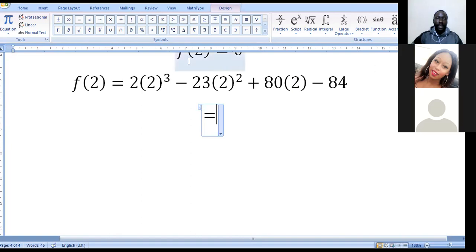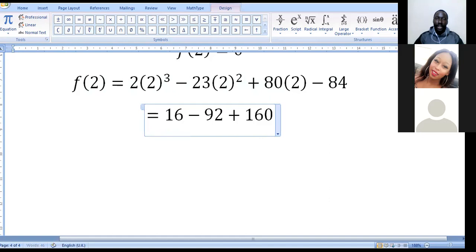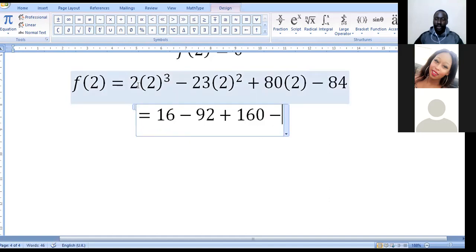This is 8 times 2, which is 16. Then we have 23 times 4, which needs a calculator, so make sure you have one. 23 times 4 gives 92, so we say minus 92, then plus 160 minus 84.